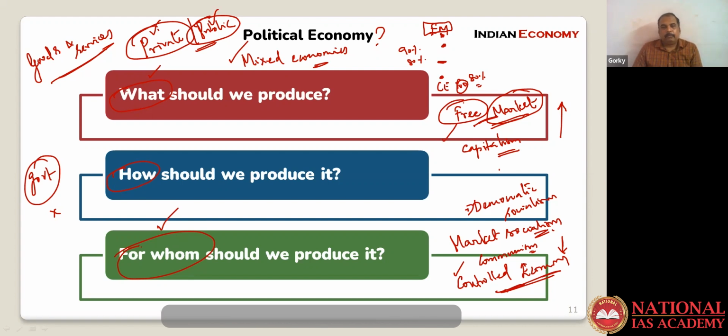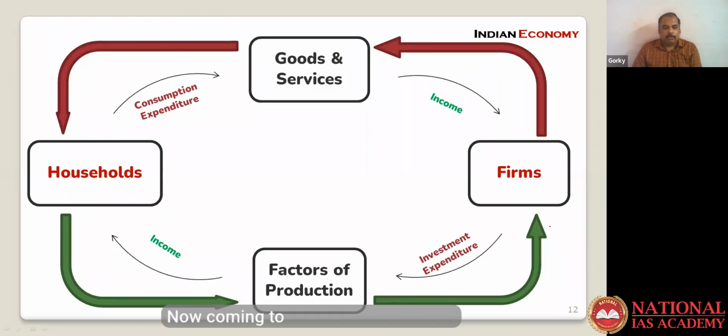Now, coming to this. We understood all these factors, right? So now you know why goods and services are produced: because of wants. Who wants it? The household wants it. Who will produce it? The firms are going to produce it.